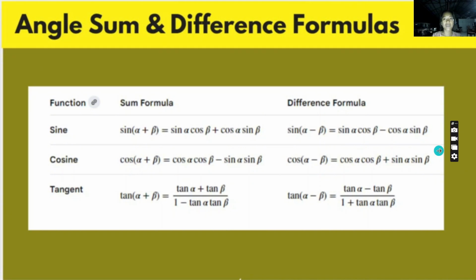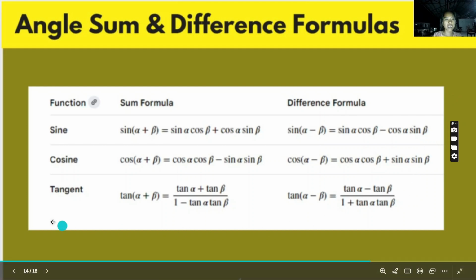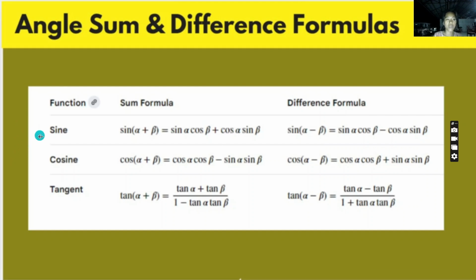So in angle sum and difference formulas, we have here the sum formula and the difference formula of the three trigonometric identities. In the sine function, the sum formula is sin(a + b) equals sin a cos b plus cos a sin b.